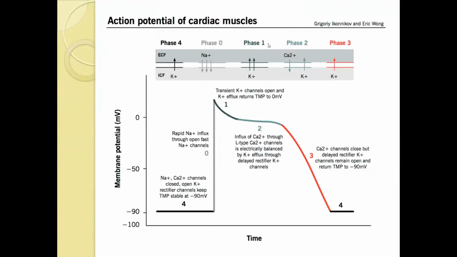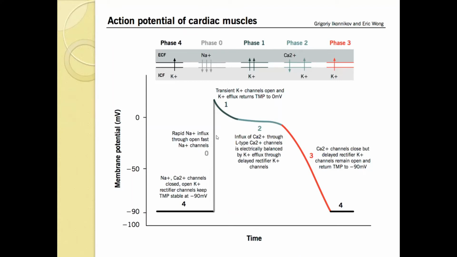So this is what I meant by the five phases. We start with phase 4: sodium and calcium channels closed. There is opening of potassium channels to rectify and keep the transmembrane potential stable at negative 90 millivolts.